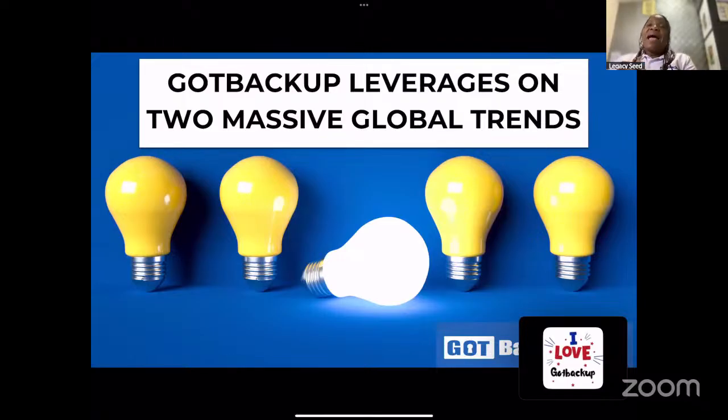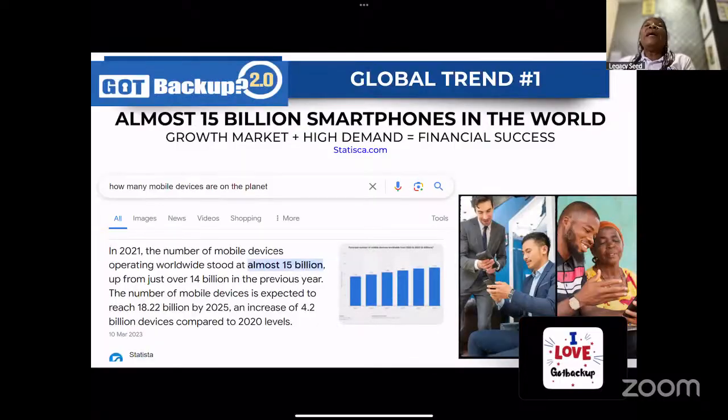Go Backup as a cloud storage service is leveraging on two global trends. The first trend is the world of smartphones. And you and I know that there's nothing you can do without phones, smart gadgets. Everyone owns it.